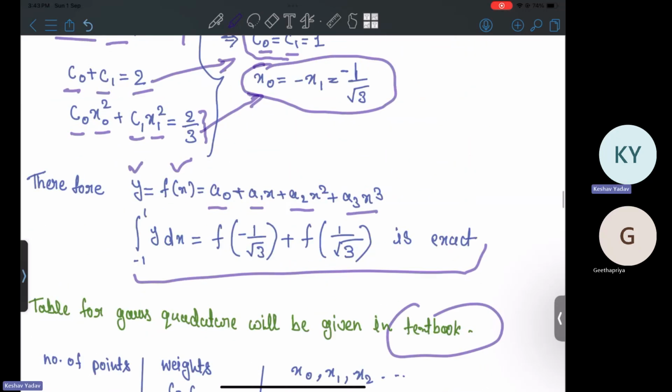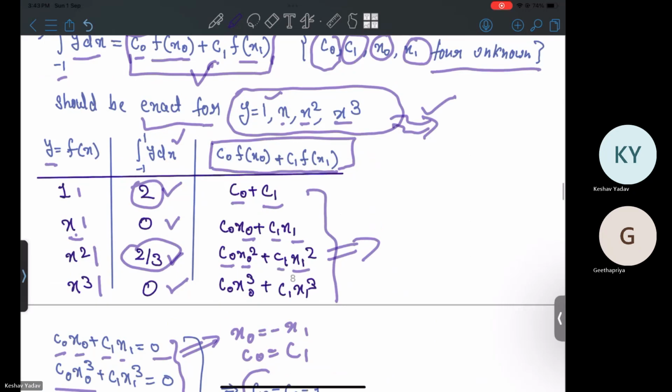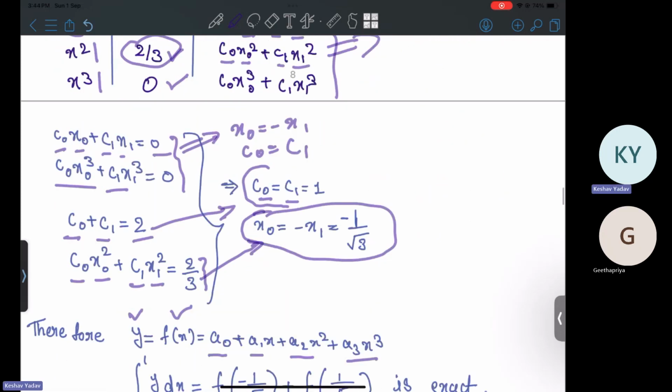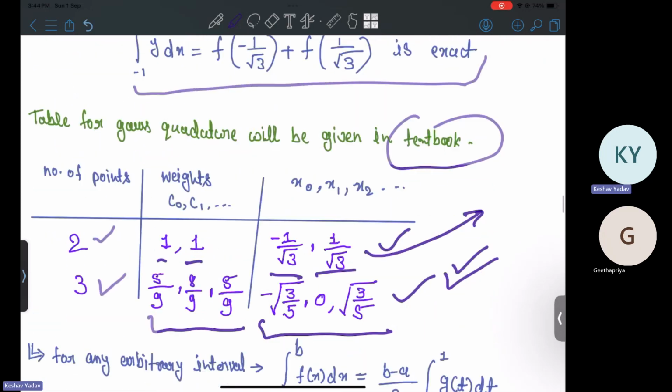So now whatever we have done here, we have found the integral from minus 1 to 1 of y dx. So what will happen if we go for an arbitrary interval?